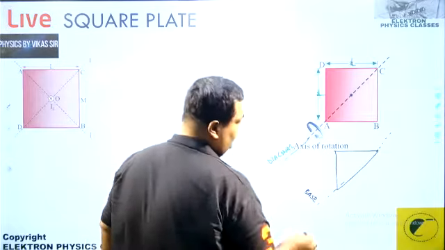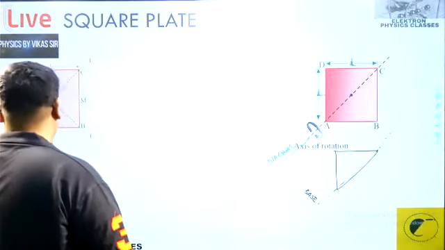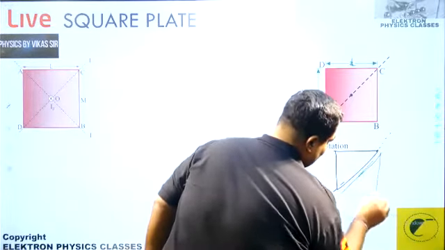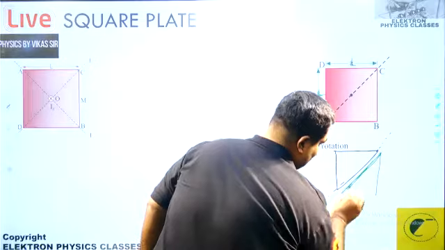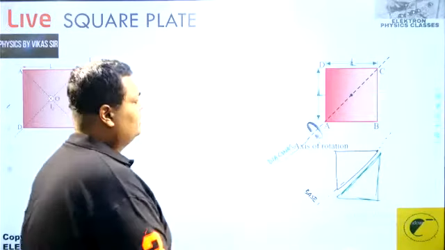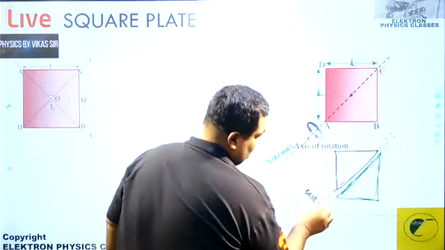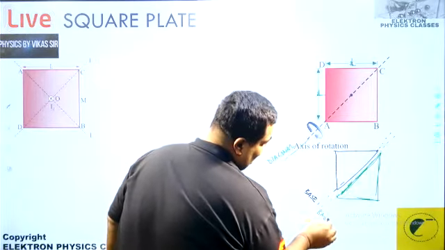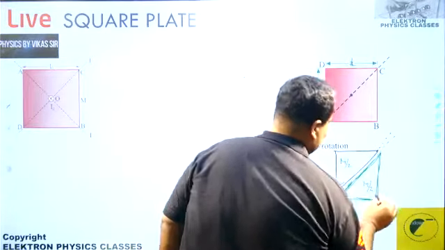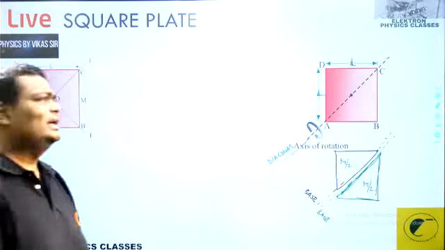Similarly, I have the second triangle, and both of them are identical. Once again, the same axis is the base. So it's clear that the mass of each will be m by 2. Then the property that the diagonals of the square intersect at 90 degrees.